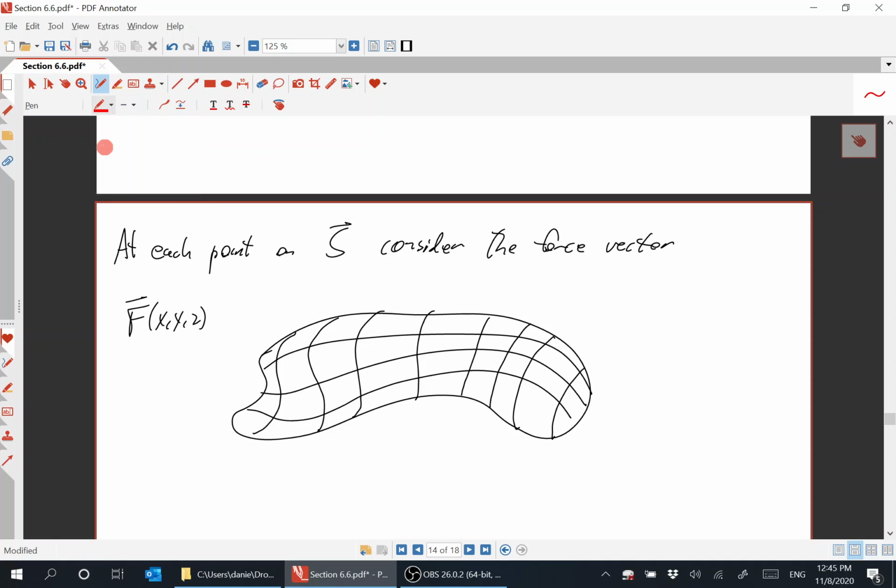And at any point, you consider the vector field F. The surface itself is going in this direction. Down here is the underside, and this is the overside. So we're oriented in that direction.